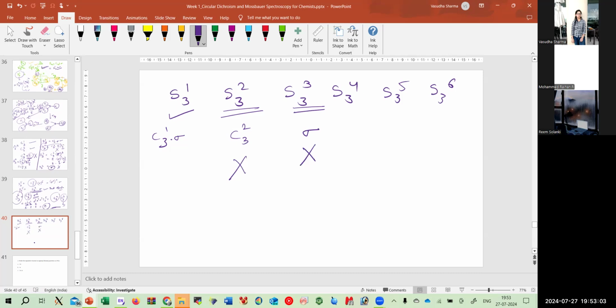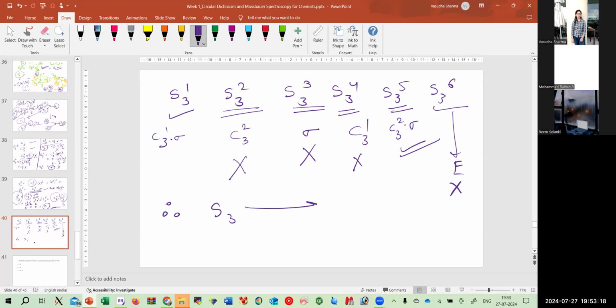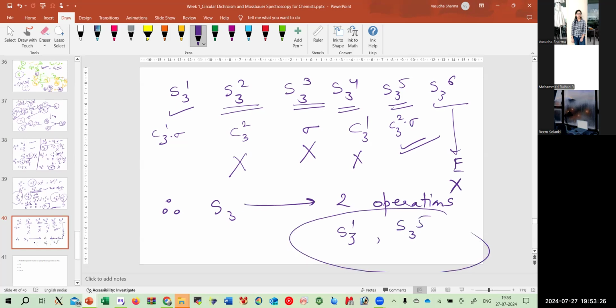That is also not counted. S34 becomes C31. That is not counted. S35 was C32 into sigma. So this is counted. And S36 is identity. This is also not counted. So therefore, S3 is giving you 2 operations, which is S31 and S35. Two improper axis operations, I would say. Is this clear? Yes, ma'am. Thank you.